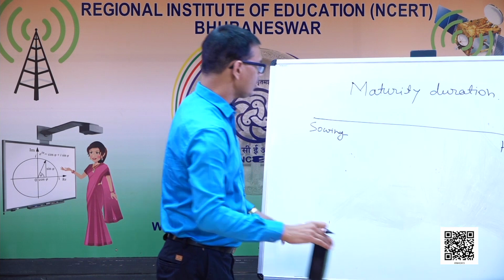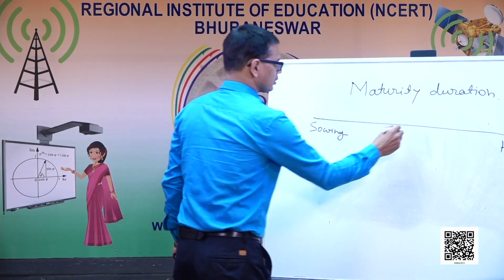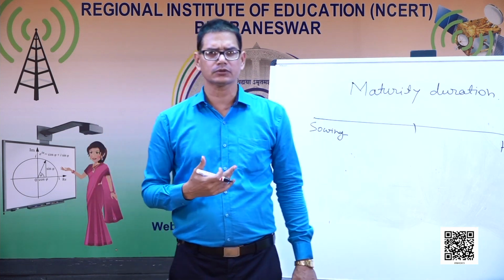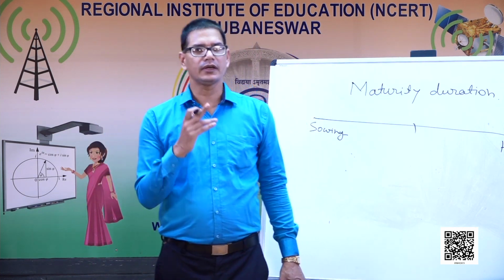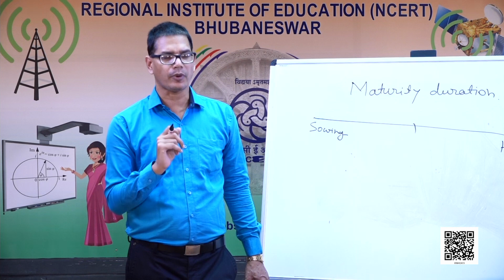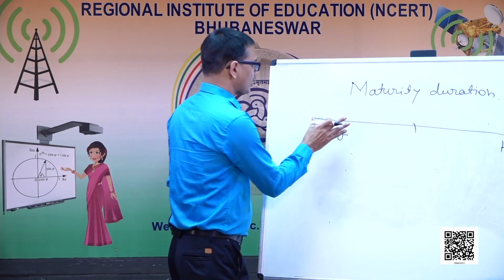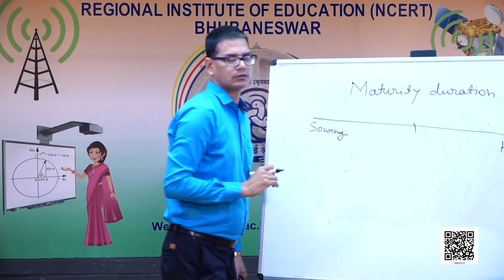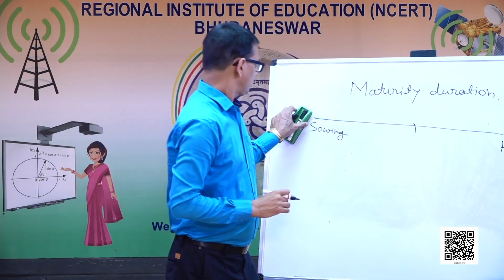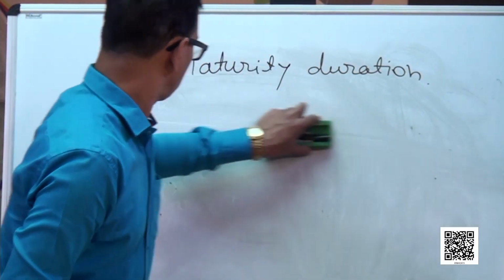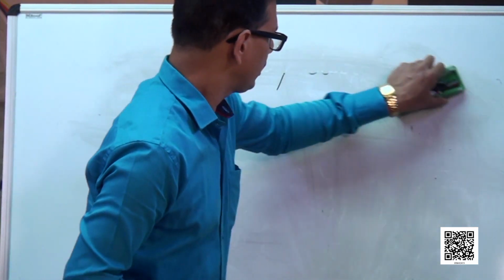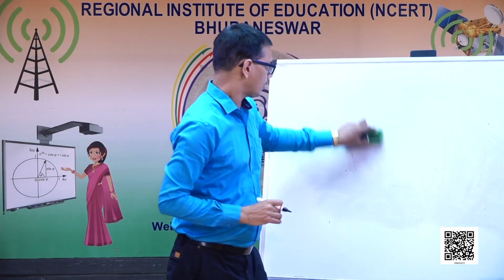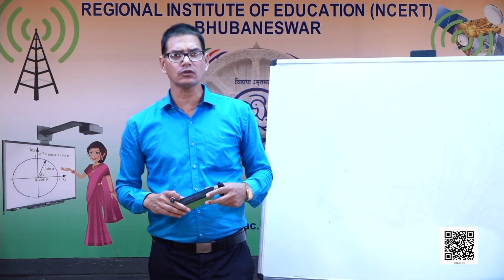but if the maturity duration is 6 months, he or she can grow only 2 crops. Therefore, the desired quality of the crop plant is that it should have lower maturity duration, so that more than 2 or 3 crops can be obtained in a year. Also, the cost of production becomes less.